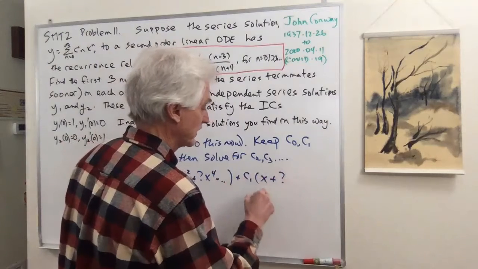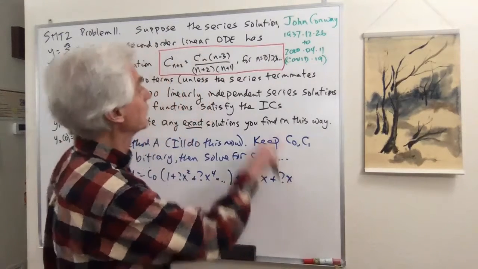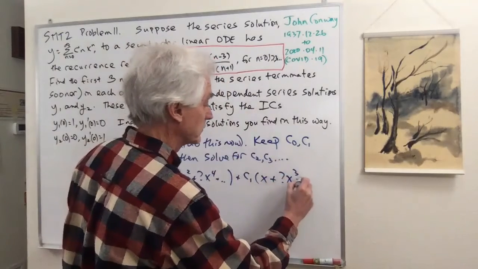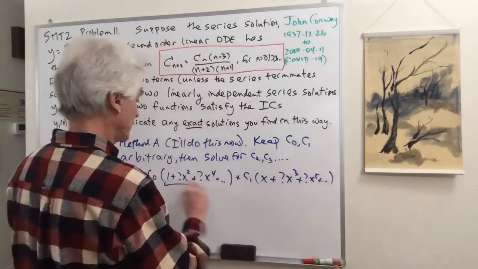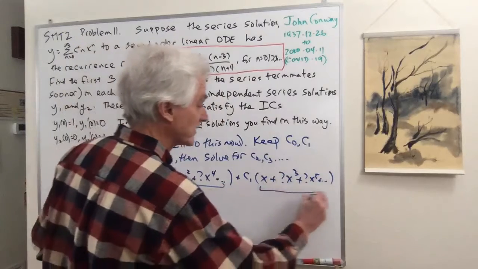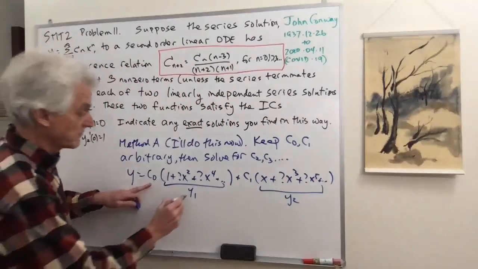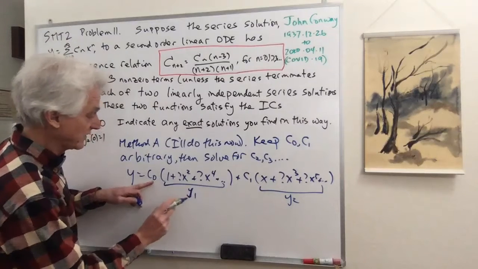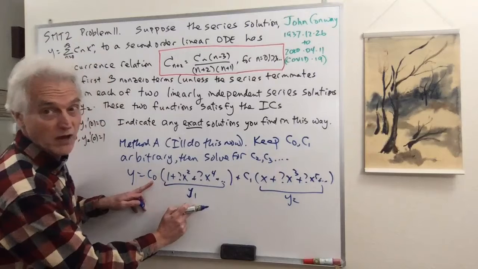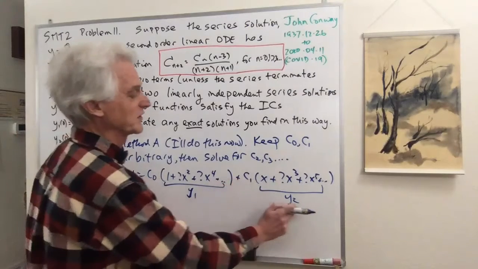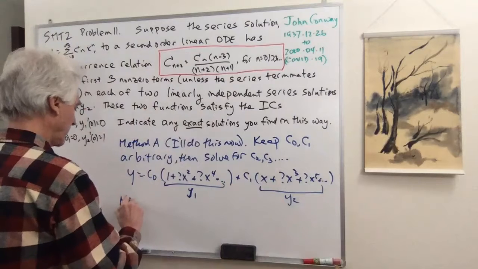Maybe it would have an x squared in general, but with this symmetry, it only has an x cubed plus something times x fifth. So this part is y1, and this part is y2. And as I mentioned before, it's a little bit sad that the numbers differ, so don't let that confuse you. C0 is in front of y1, and C1 is in front of y2. Oh well.